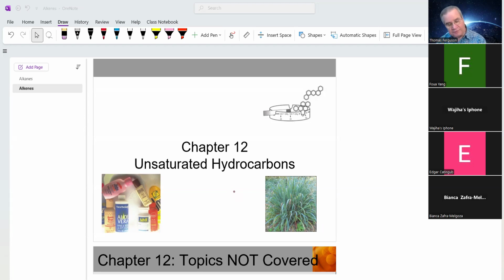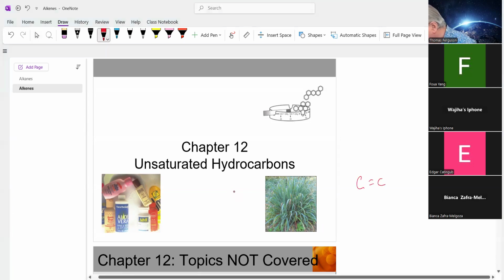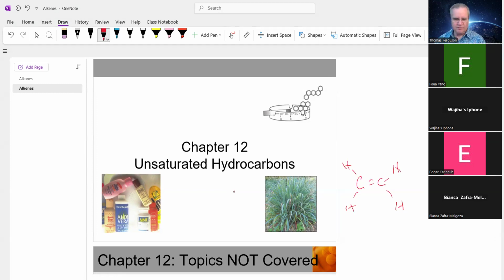You can also have no single carbon-carbon bonds, for example ethylene, but usually you have more than two carbons.